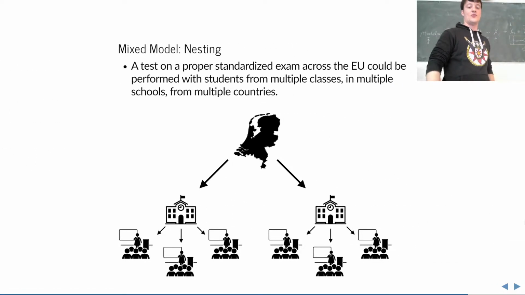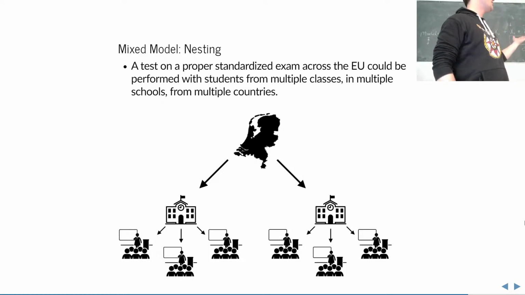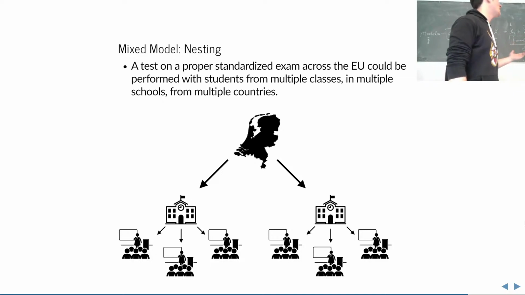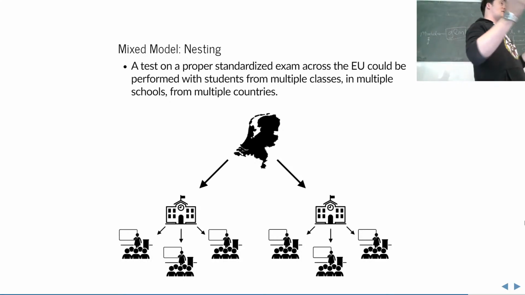Here's a visualized example. Let's say that we want to test a standardized exam across the European Union. We already have CITO in the Netherlands. Let's say we want a European CITO, because we all love the European Union very much. What we could do is include multiple countries. Probably a good idea, right? Because we generalize it to all of Europe and not just to the Netherlands. But different schools may have different material available, and different classes within schools have different teachers.